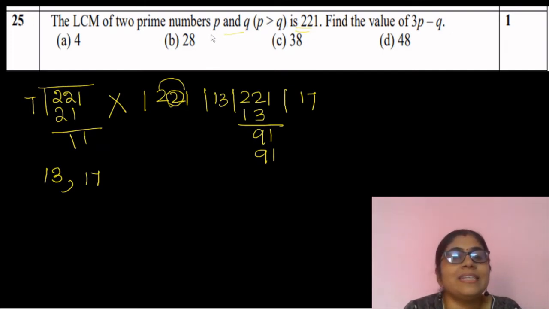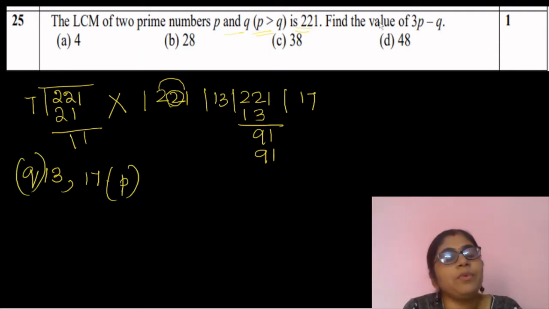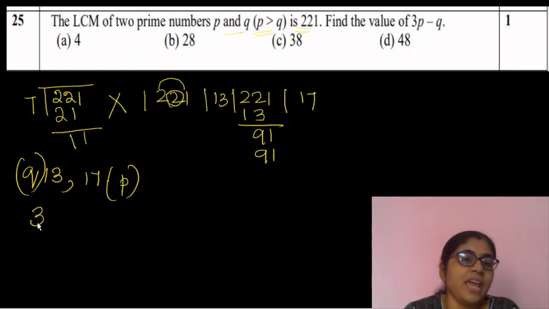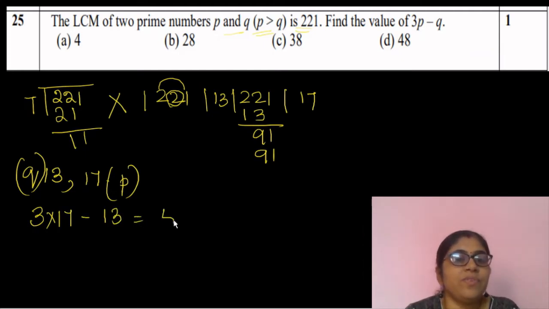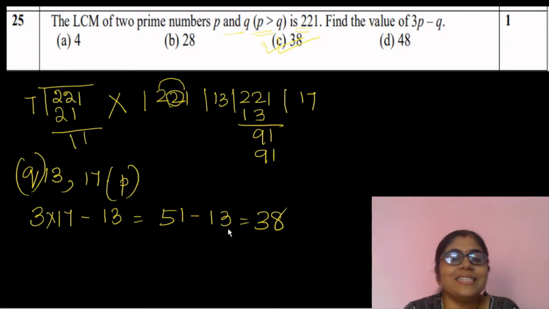But here it is written P is greater than Q. That means 17 is equal to P and 13 is equal to Q. And what we have to find out? 3P minus Q. So 3 into 17 minus 13, that is 51 minus 13. So this is 38. So option C is the right answer here.